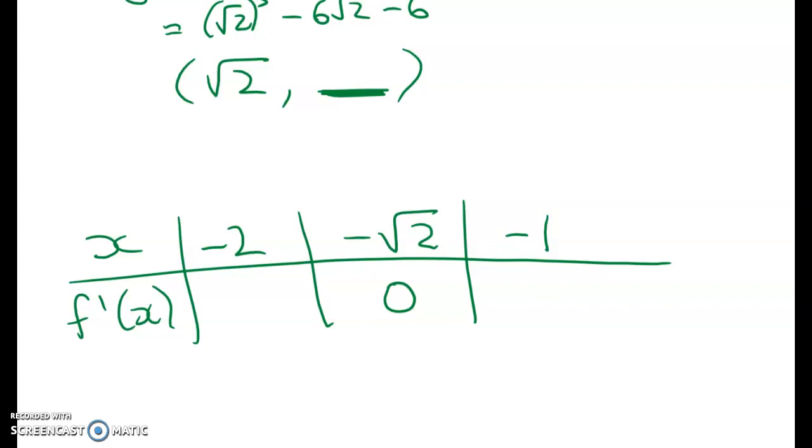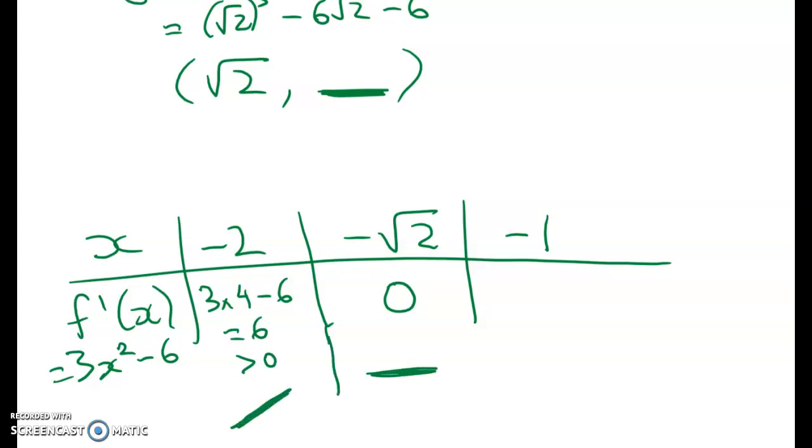And we're substituting that into 3x squared minus 6. So it's going to be 3 times 4 take away 6, which gives me 6, which is positive. Here it's 0, and here we've got 3 times negative 1 squared, which is 1, take away 6, which is negative 3, which is negative.